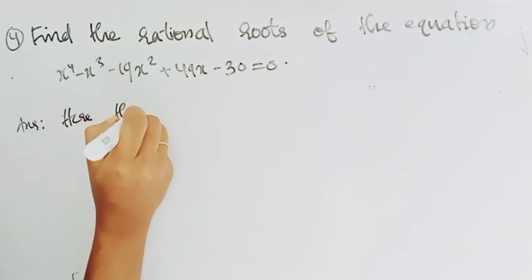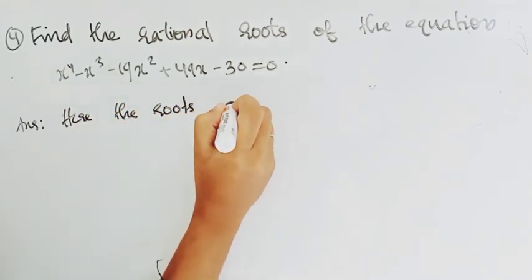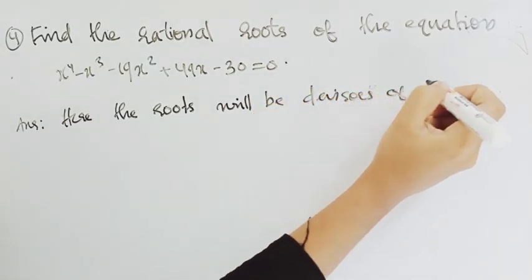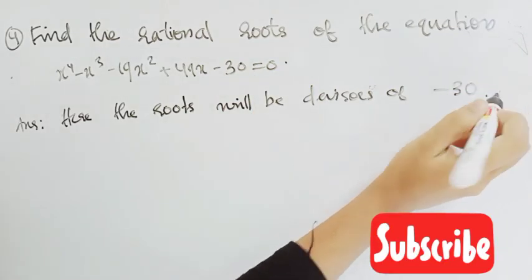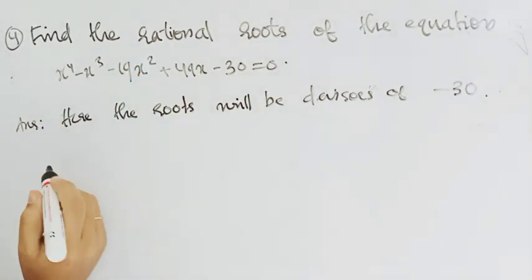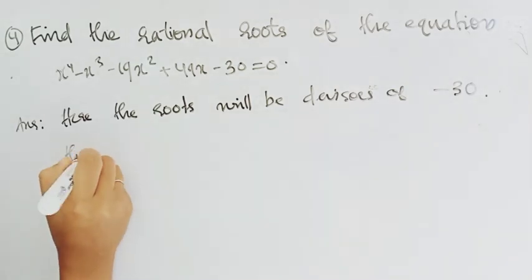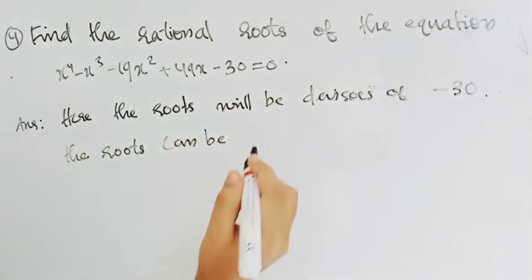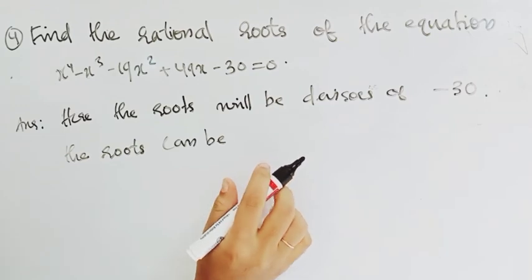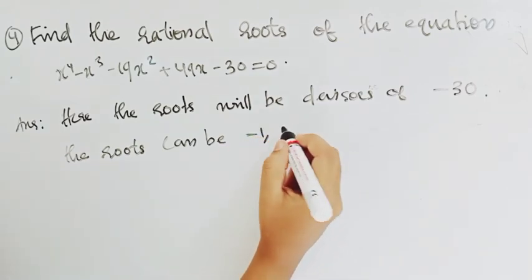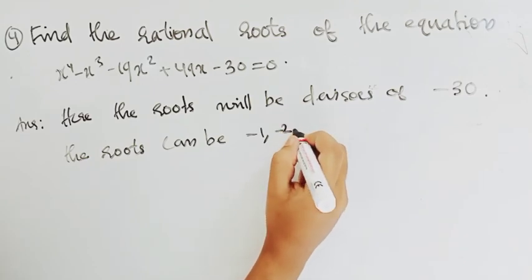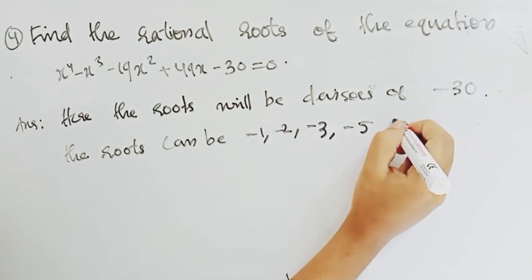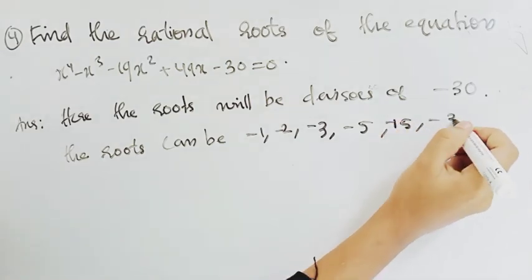By seeing this equation, we can say that the roots will be divisors of an, that is here an is minus 30. This theorem is being used here. So the roots can be the divisors of minus 30, which are minus 1, minus 2, minus 3, minus 5, minus 15, minus 30.